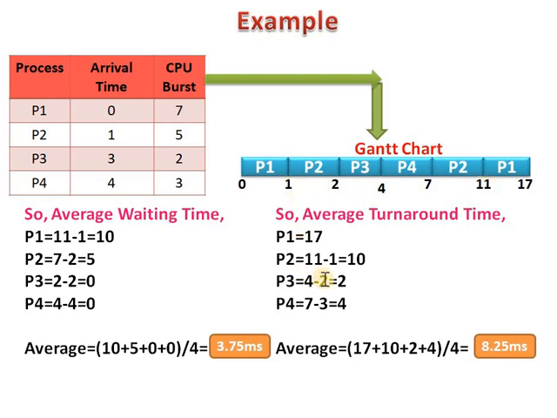Next for P3 process 4 minus 2, and for P4 process 7 minus 3. So here the average is sum divided by 4, that is 17 plus 10 plus 2 plus 4 divided by 4, because there are total 4 processes for their execution. This is the example of the SRTF algorithm.